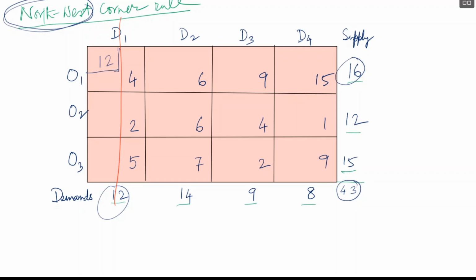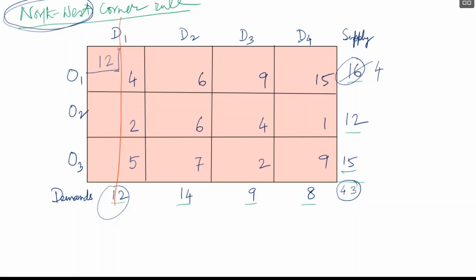Now the supply available at the origin O1 will also change. 12 has been exhausted, so only 4 units remain. With this new supply at O1, we have a new problem with only 3 destinations D2, D3, D4, and the demands at D2, D3, D4 remain the same, 14, 9 and 8, and the supplies at O1, O2, O3 are respectively 4, 12 and 15.